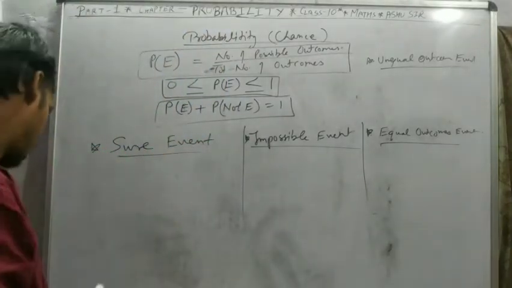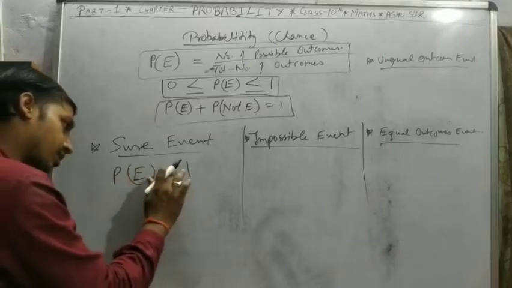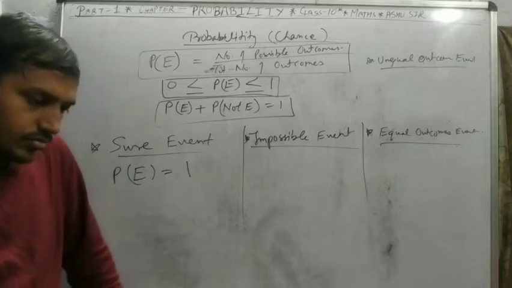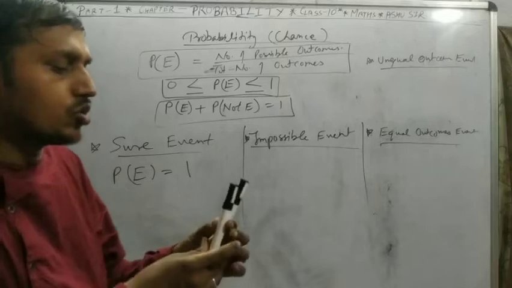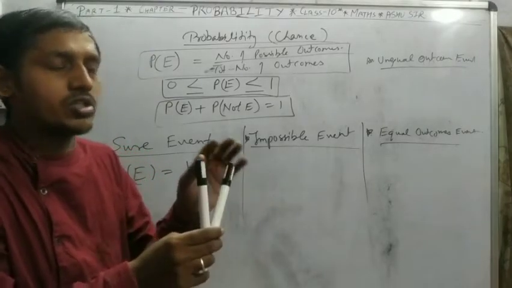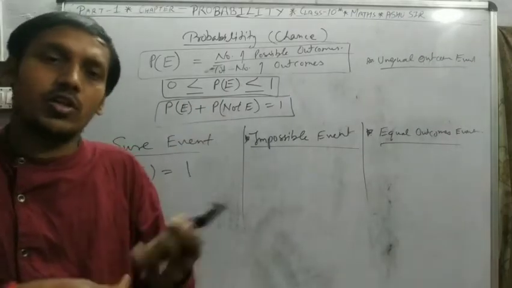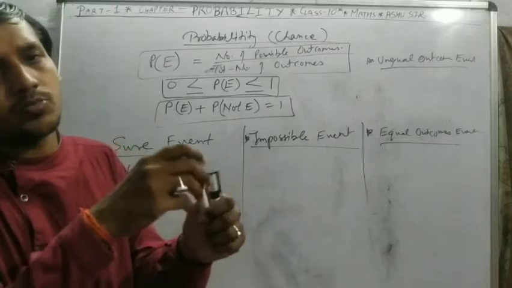Sure event means the probability of the event is always 1. That means you have two markers, choose any black marker. Either you choose this or this, without any cheating or hiding, you always choose the black marker because both are black.